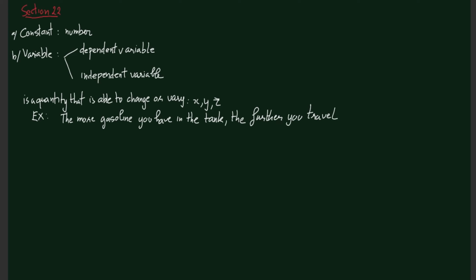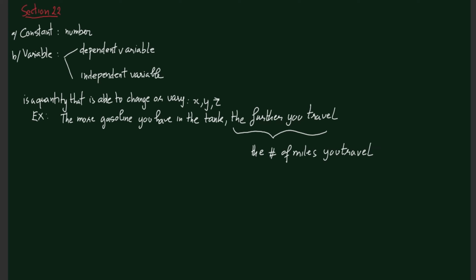Okay, so which one is the dependent variable, which one is independent? The more gasoline you have in the tank, the further you travel. The further you travel means the number of miles you travel, right?